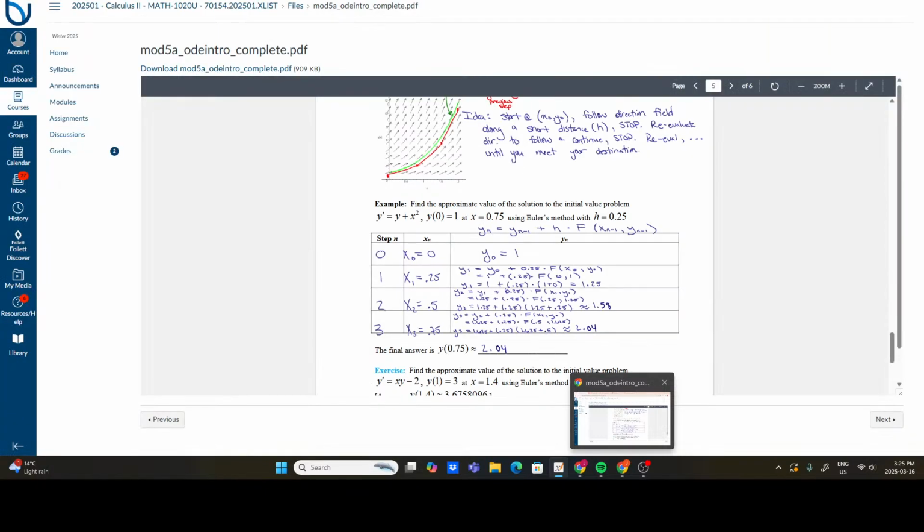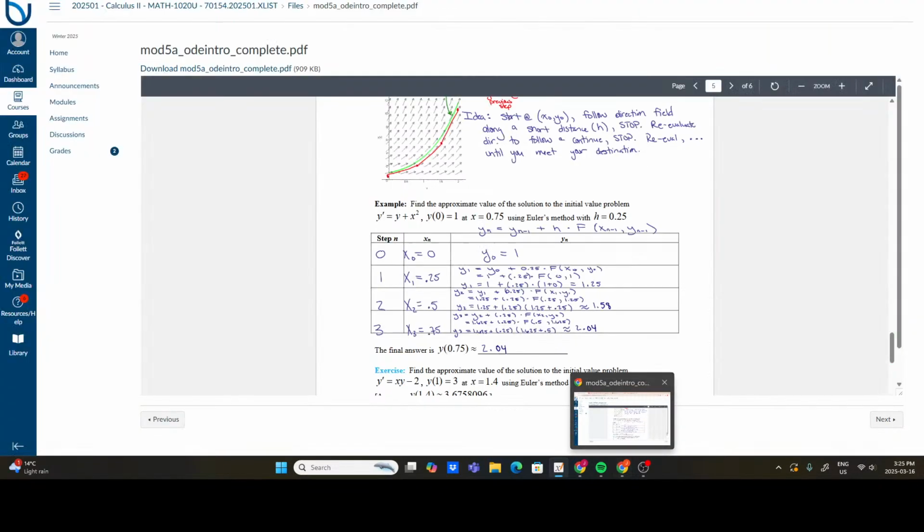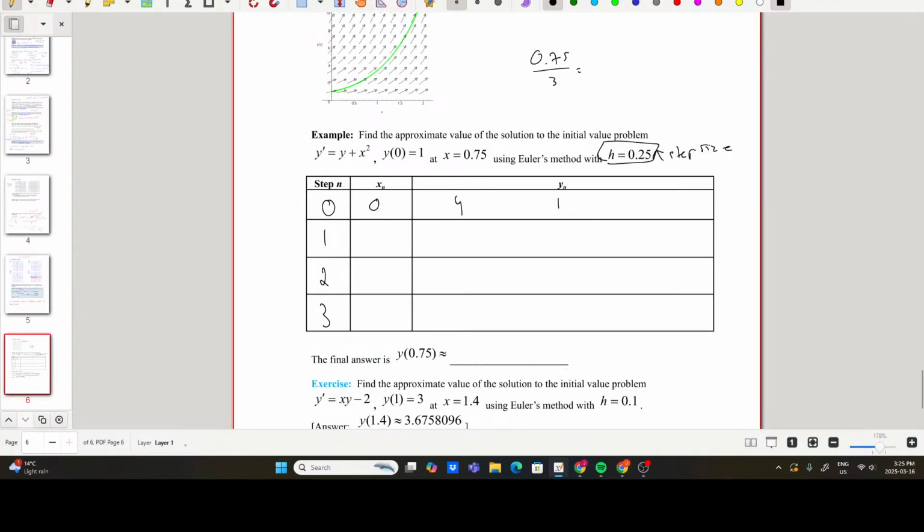No, we start at 0. We start at x 0, and y 0 is going to be 1, straight up. That gives our initial y naught equals 1. And then this is going to be 0.25, and then 0.50, and then we're going to get to 0.75, which is our final point that we want to meet at.